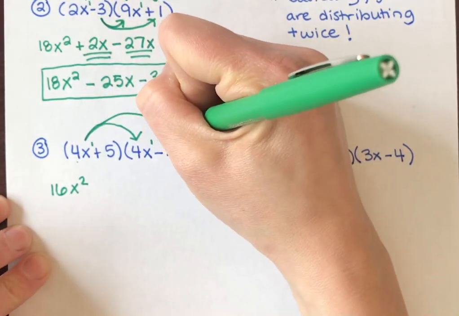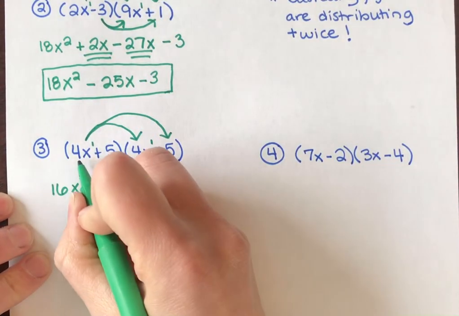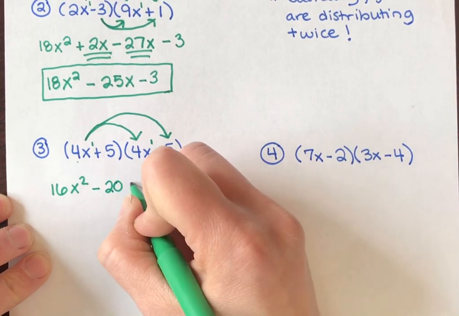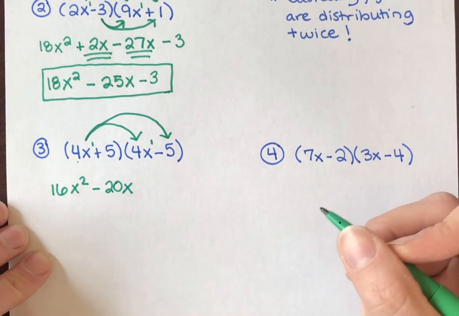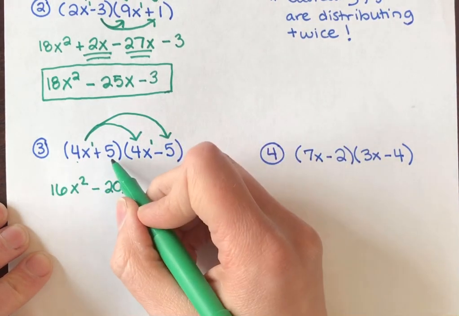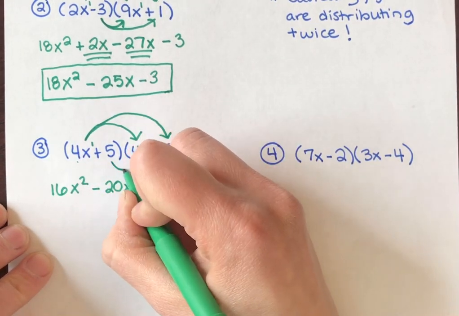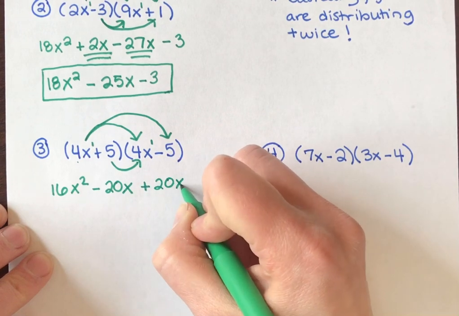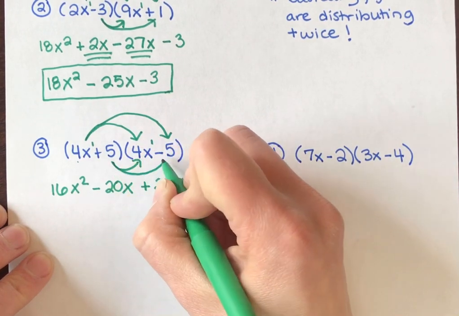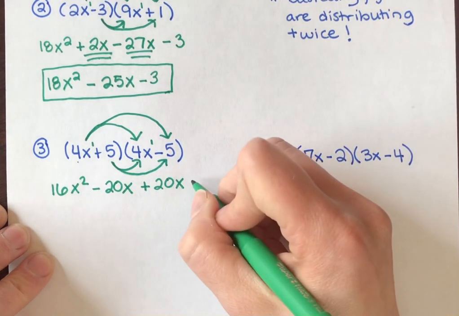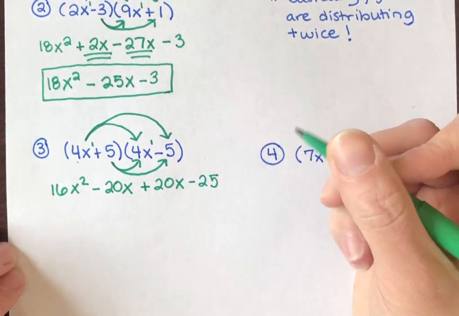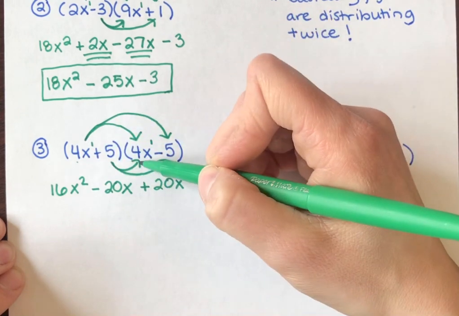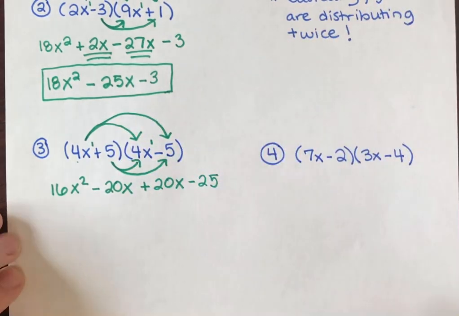Then I'm going to distribute 4x times minus 5. 4x times minus 5 is negative 20x. Okay, so I've distributed the 4x. Now I'm going to move inside and distribute the 5. 5 times 4x is a positive 20x. And 5 times negative 5 is a negative 25. So I did first, outer, inner, last.